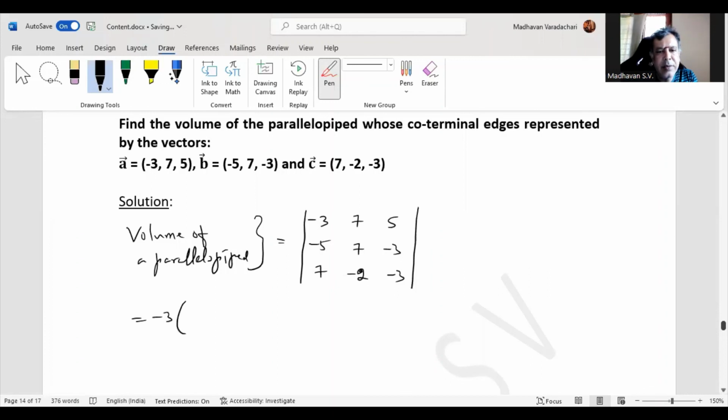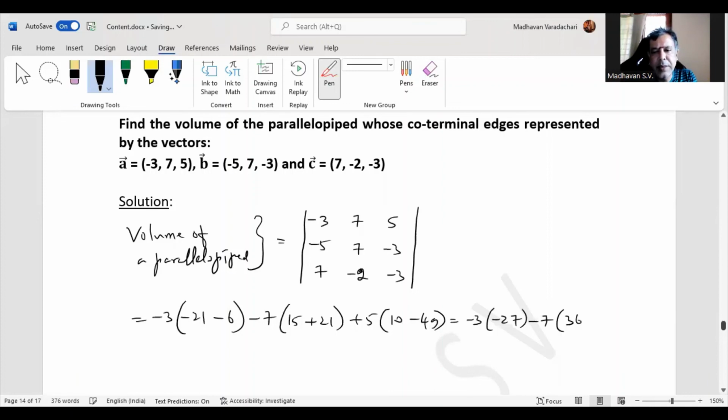Minus 3 times the 7 into minus 3, minus 21, minus 6, minus 7 times 15 plus 21, plus 5 times 10 minus 49. So that is equated to minus 3 times minus 27 minus 7 times 36 plus 5 times minus 39.